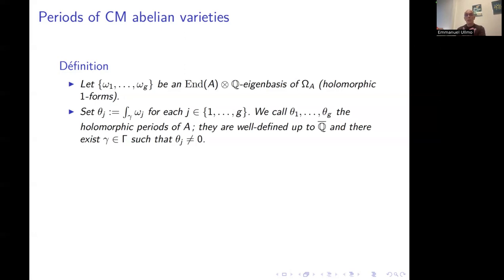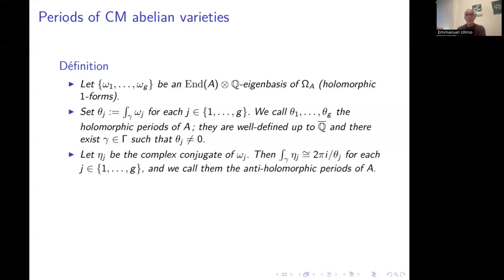And so you have well-defined holomorphic periods of A. If you look at the complex conjugate of the omega j, you have almost the same information, because the integrals of these complex conjugates are 2 i pi divided by theta j.